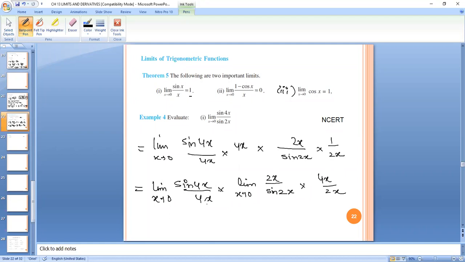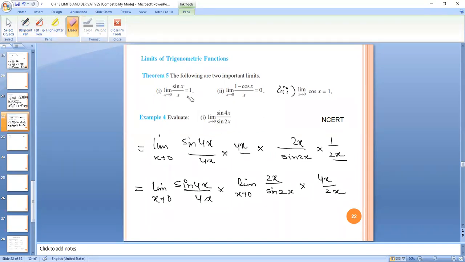First term sin 4x upon 4x, then the third term, I have applied limit x is tending to 0, 2x upon sin 2x, then the second term 4x I have written, then this last term 2x I have written in the denominator. Now I know sin of an angle upon that angle, and the same angle is in the denominator and the limit of that angle is tending to 0, then this value is equals to 1.